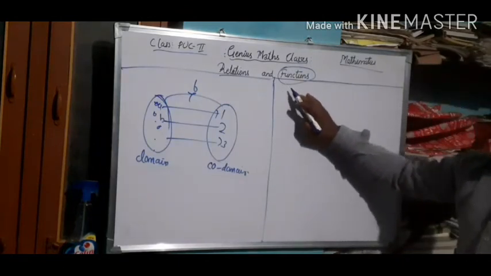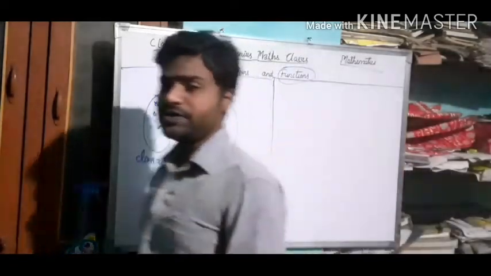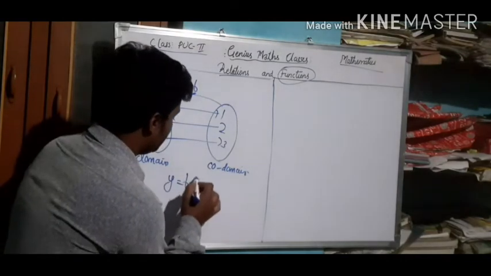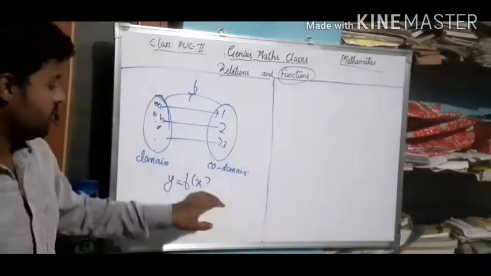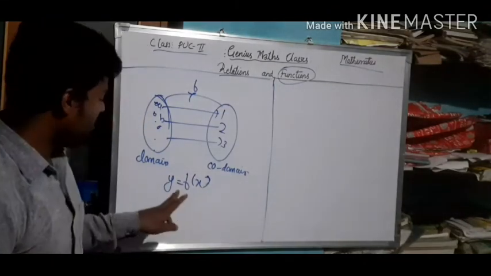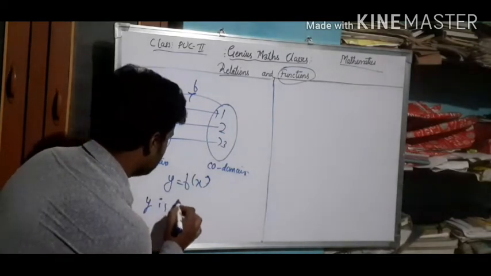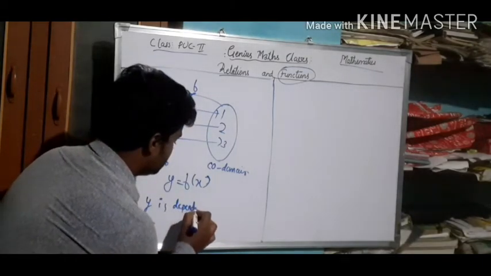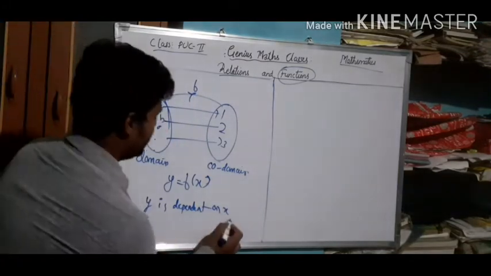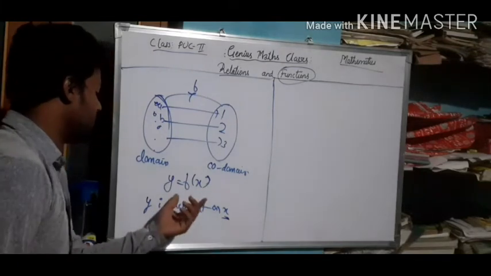If you write y equal to f of x, here y is dependent on x. Based on the x value, we will get the value of y.